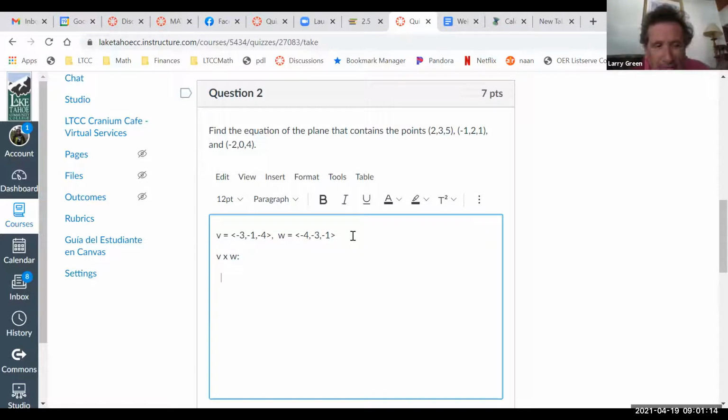I'm going to write i, j, k, and then -3, -1, -4, and -4, -3, -1.